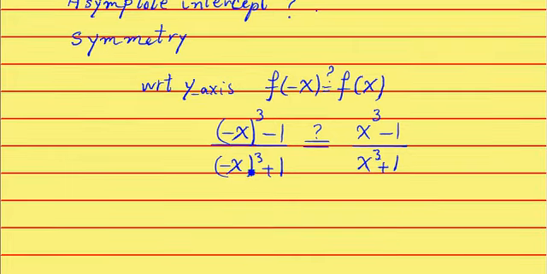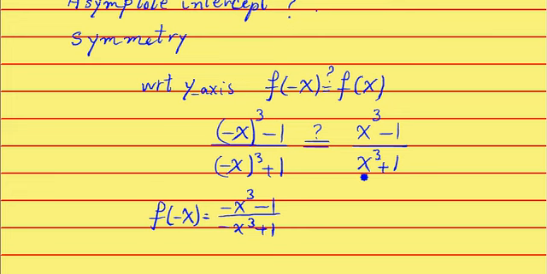Meaning, as I go from left to right, would I have the same height? Well, if you simplify this, you get minus x cubed minus 1 over minus x cubed plus 1. That is the same as this. I didn't write this very well, but let me write it here. F of minus x. To compare it against that, we see that they have nothing to do with each other.